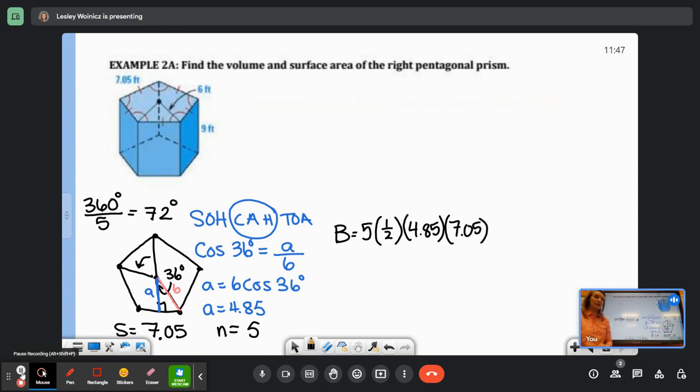And I'm going to do the calculator for that because I have no idea what that is. 5 times 0.5 times 4.85 times 7.05. I'm getting 85.48 feet squared. Is that what you guys got? Okay, perfect.